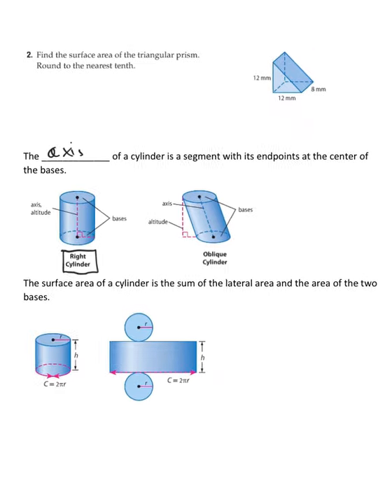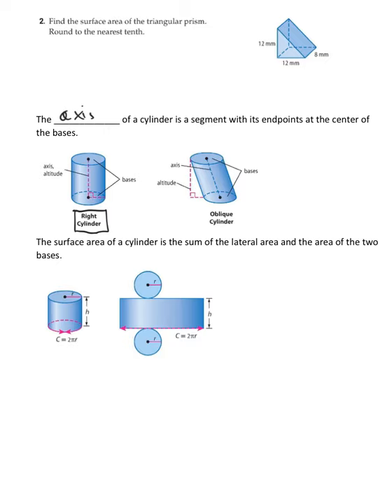Guys, the surface area of a cylinder, you can see in this picture they've taken apart a cylinder. There's a top and a bottom base, and then there's that piece. If you go to your pantry, take out a can of soup, and peel the label off, that's what this piece is.